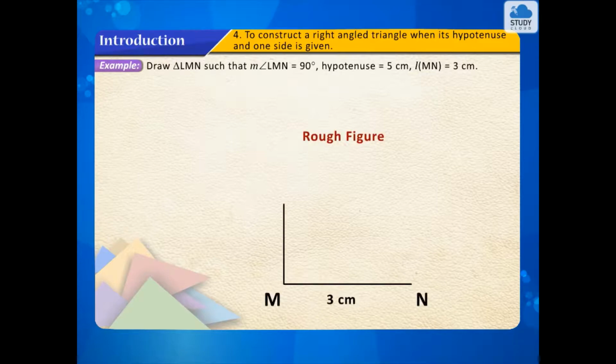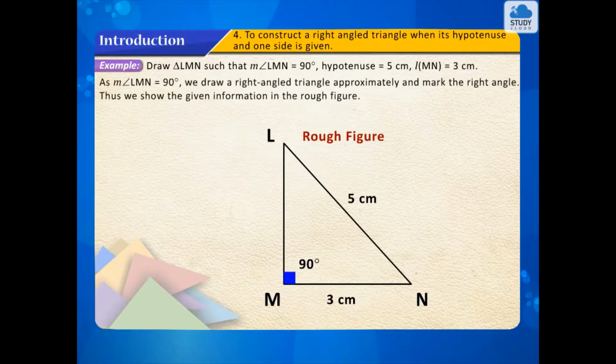Let us draw the rough figure using the given information. As measure of angle LMN is equal to 90 degrees, we draw a right angled triangle approximately and mark the right angle. Thus, we show the given information in the rough figure.